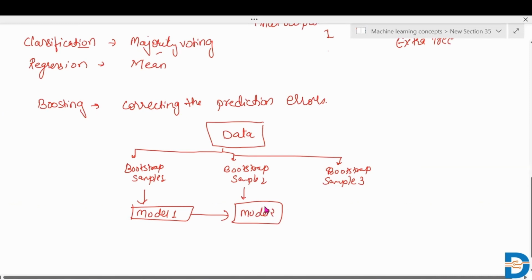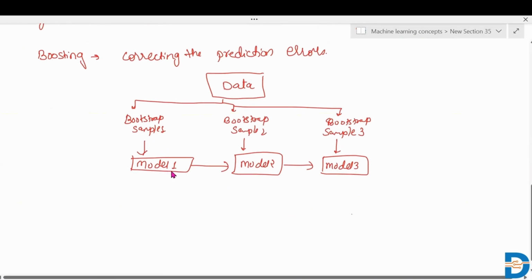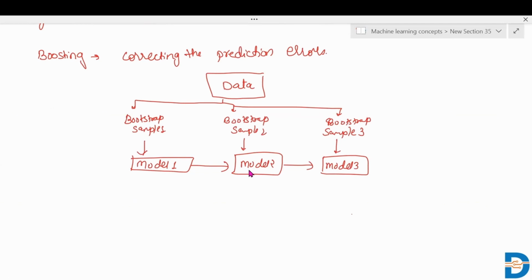What errors or mistakes are made by model 2 will be corrected by model 3. Okay, so like this boosting works. The second model will attempt to correct the predictions made by the first model. The third model will try to correct the predictions made by the second model. Okay, and the final output again will be the combination of these models.